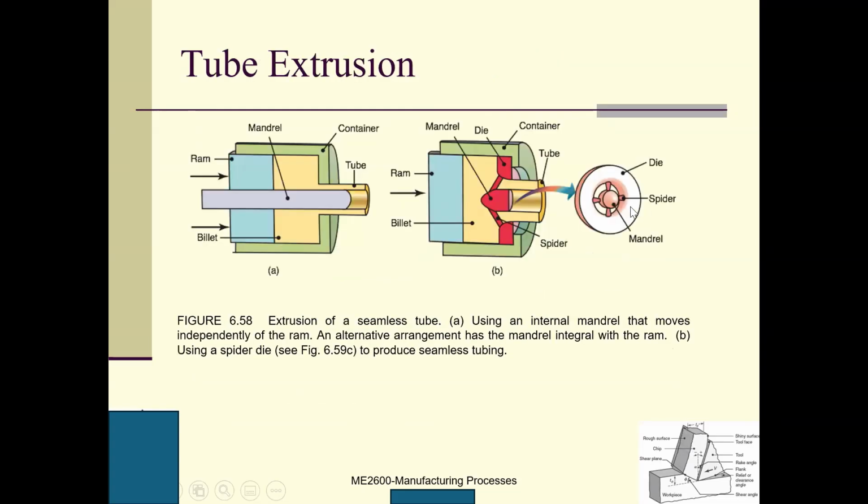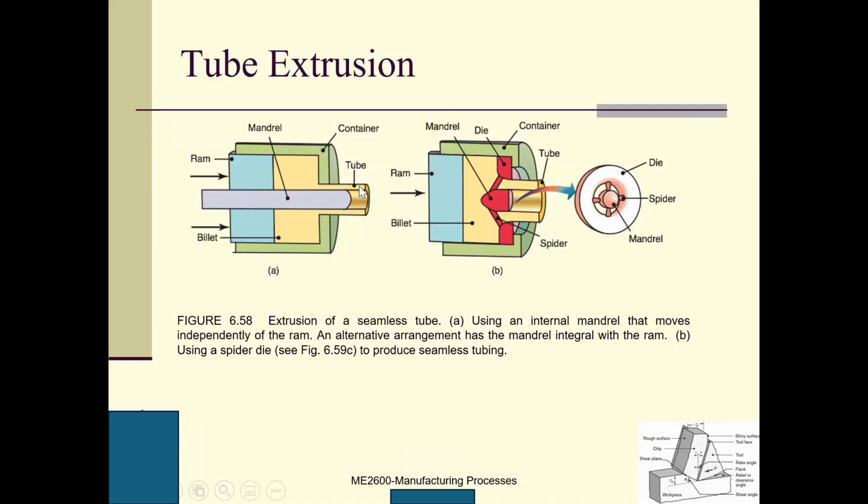So the tube. So here is how to extrude the tube. Here, this is a container. Here the yellow one is a material. For some reason, this material can be flowing. So we have this RAM. This RAM can be compressed by some means. And in addition to this RAM, we also have a mantle. This mantle can have relative motion with this RAM.